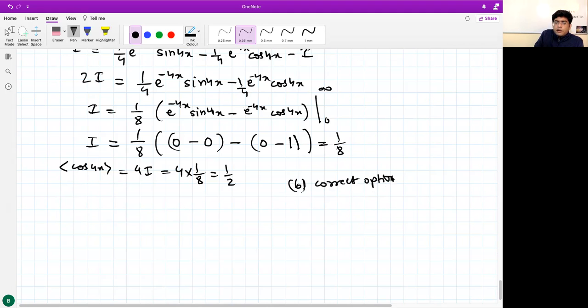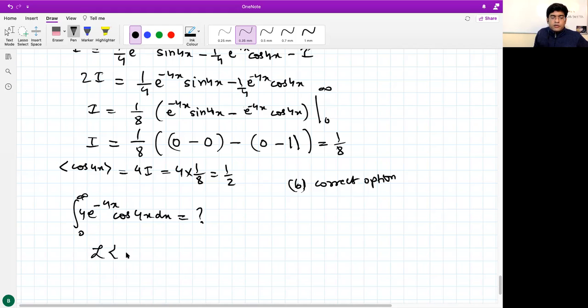But in the exam, you can apply Laplace transform. If you know Laplace transform, it will be very simple to do it. So let's do that also. So this is cos 4x dx equal to, what is the question mark? Now this is 4, 0 to infinity. If you try to take the Laplace transform of cos, what will you get?